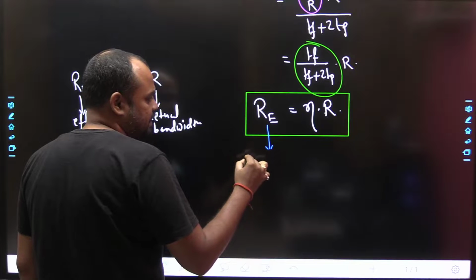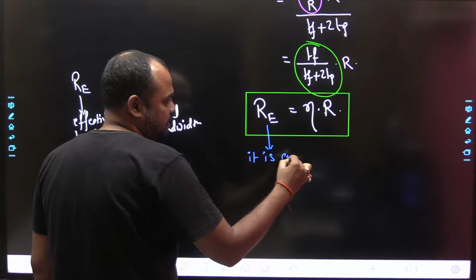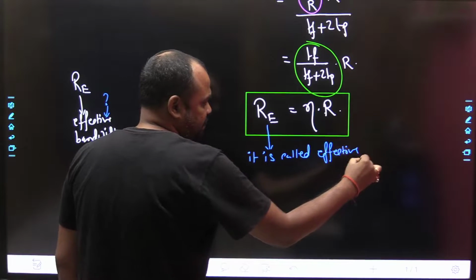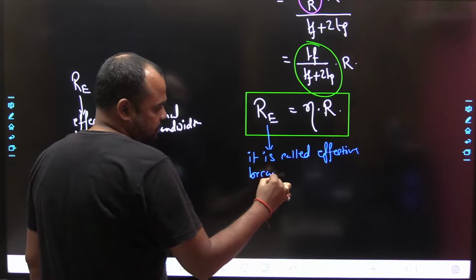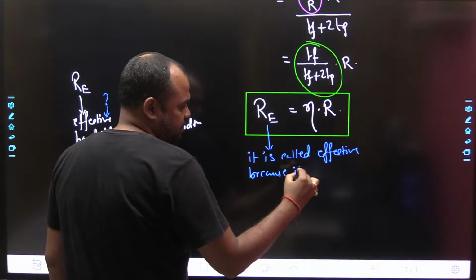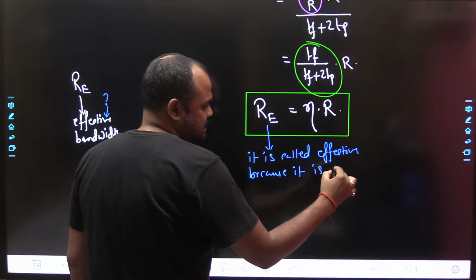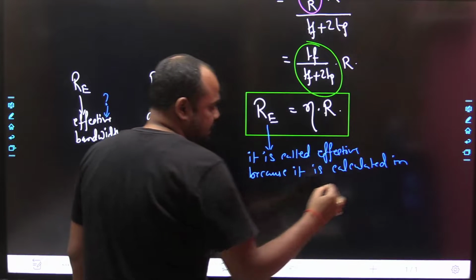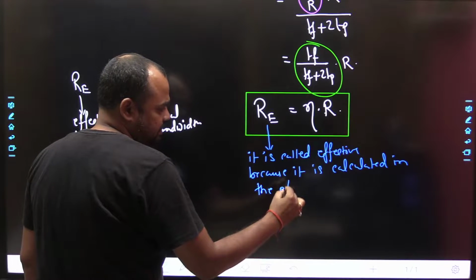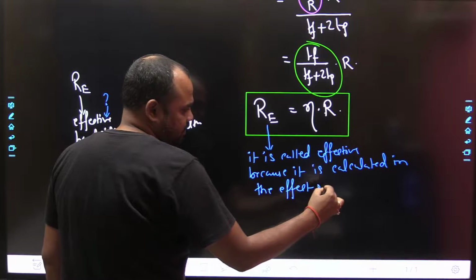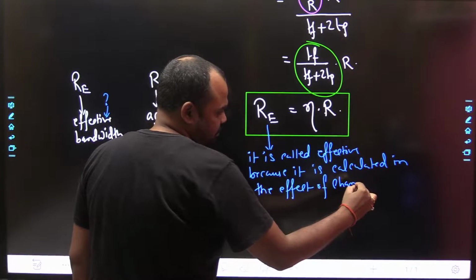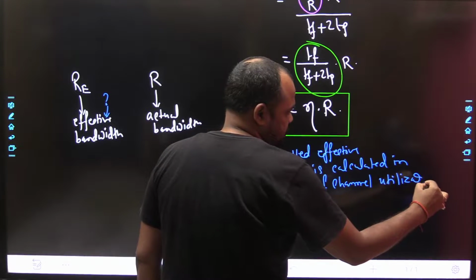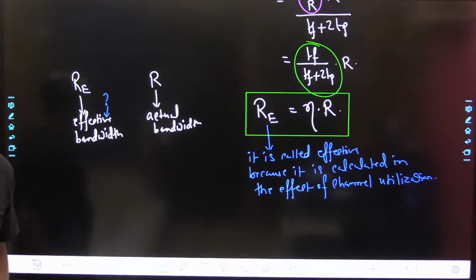Okay, it is called effective because it is calculated in the effect of channel utilization, got it, in channel utilization.